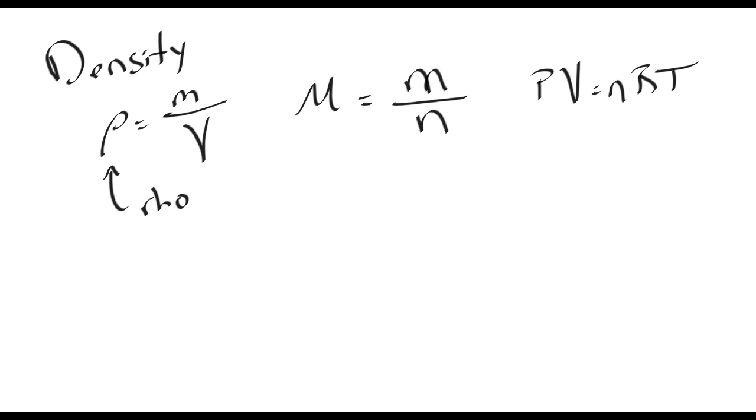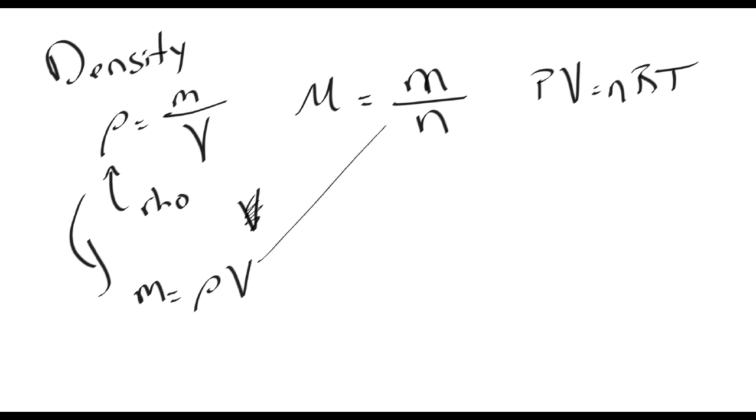So let's go ahead and see what we can do with all of this. Well, let's bring this down. M equals rho V. So now let's plug that in for M up here.